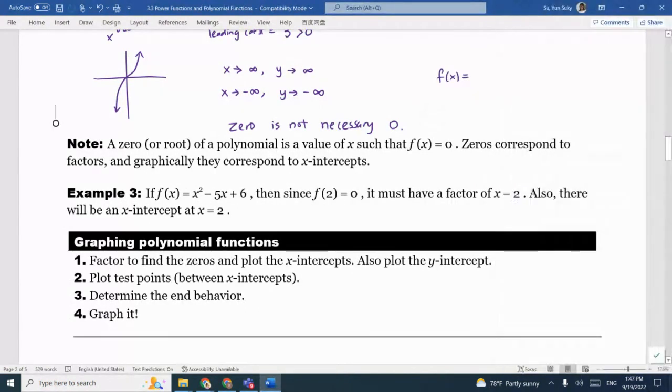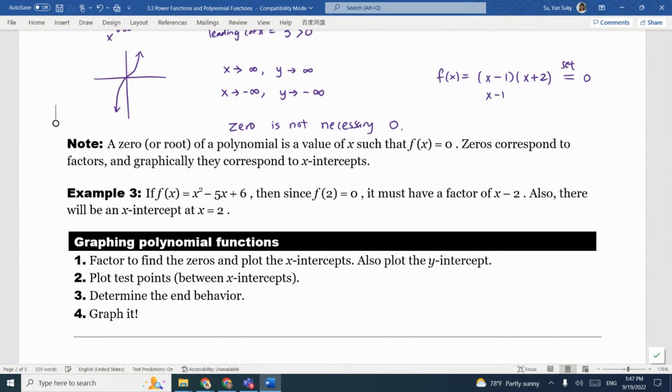Let's say this is x minus 1 and x plus 2. This is a quadratic function, right, because the degree is 2. But when you find the zeros, how do we find them? We set the y value equal to 0 and then solve for x.